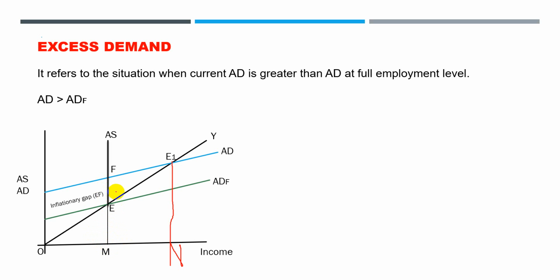EF is the inflationary gap. The point of equilibrium E1 between aggregate demand and 45-degree line, that is income line, remains rightward to the full employment level equilibrium. The full employment level equilibrium is E, and the actual equilibrium occurs at E1.